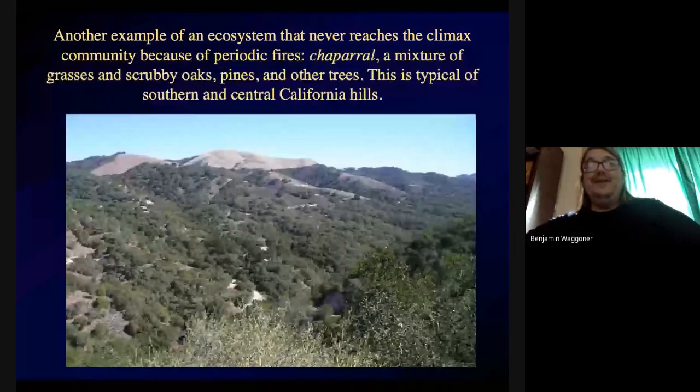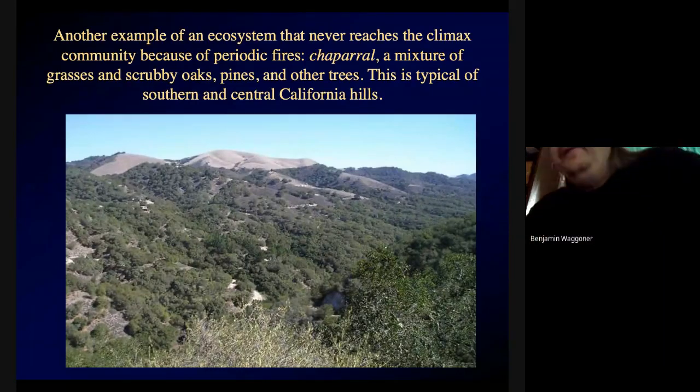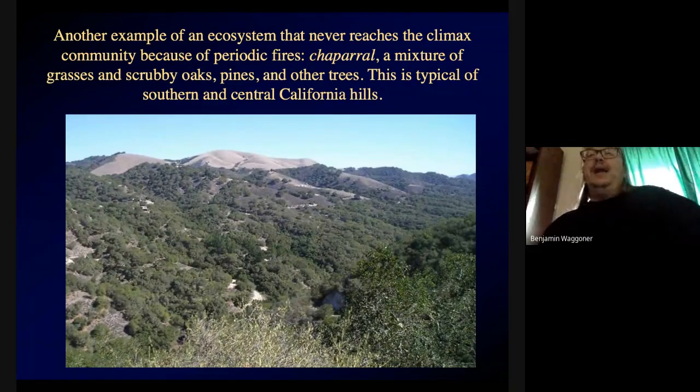You have a mixture of grasses and shrubs, things like bearberry, and some smallish oaks and pines and junipers. There's a lot of smallish live oaks that live in here. You can have pines in some areas, and this is pretty much the view in the hills of Southern and Central California.